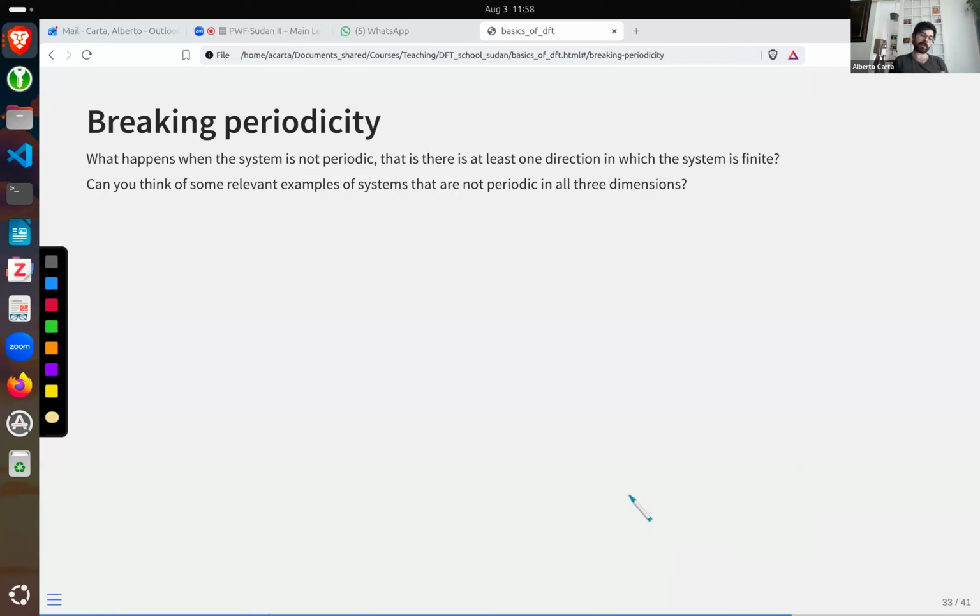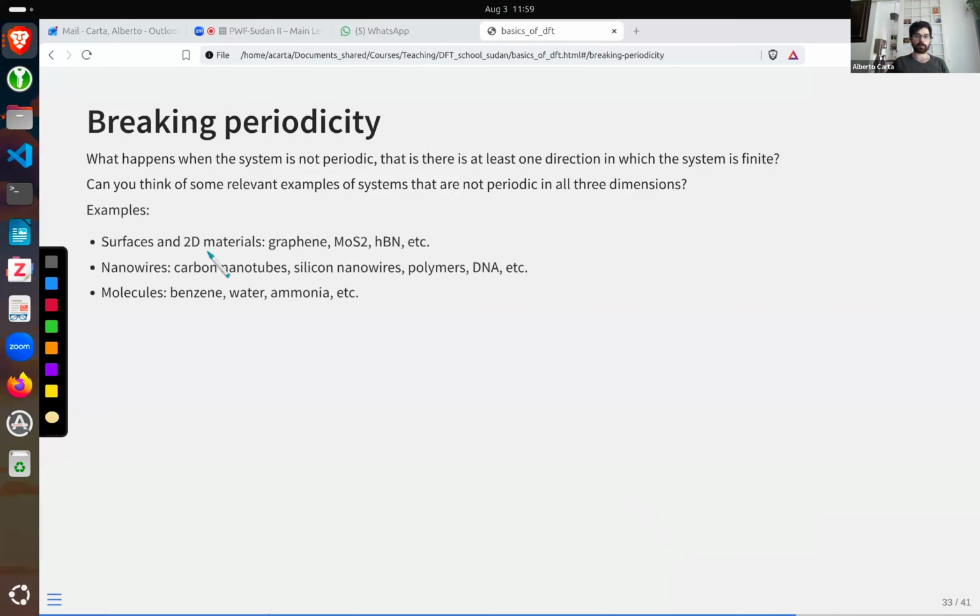And then there is a much simpler example that maybe is more difficult to think about, but once you know it, it's very easy to see. These are surfaces of systems. Graphene, of course, is a 2D material, a sheet of material, but another 2D system would be, for example, a surface of a bulk system, where you have vacuum in here.